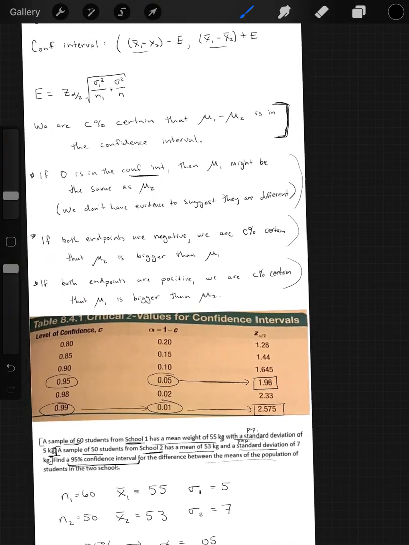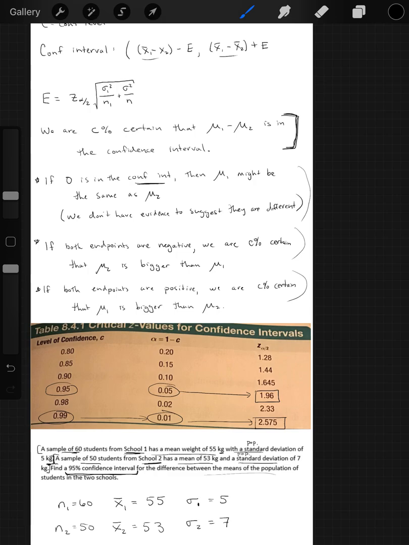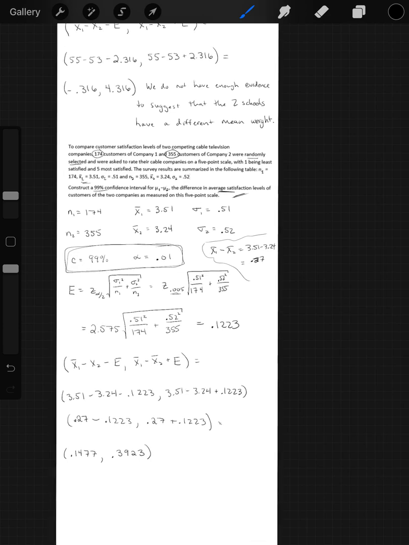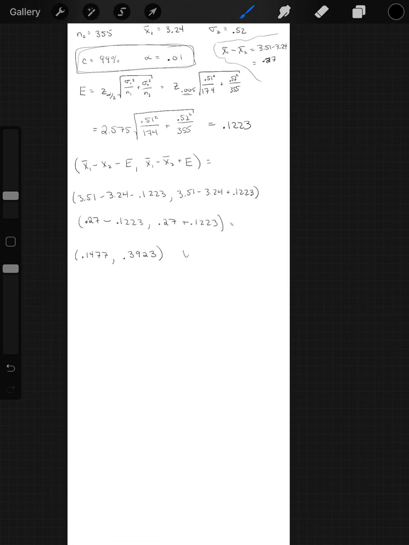But remember, of our three options, right, both endpoints are positive, right? We got two positive numbers. So we are 99% certain that mu1 is bigger than mu2.